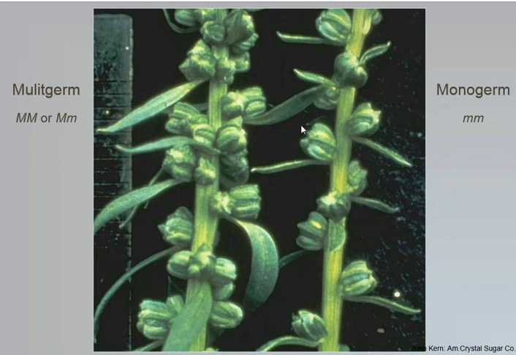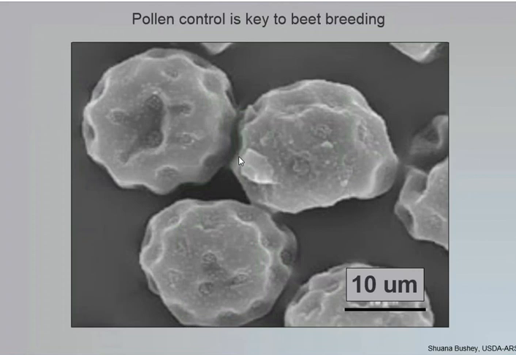And that's also a recessive. And you could imagine that it's beneficial in the wild state to have multiple seeds per inflorescence. It gives a better chance for the population to survive.